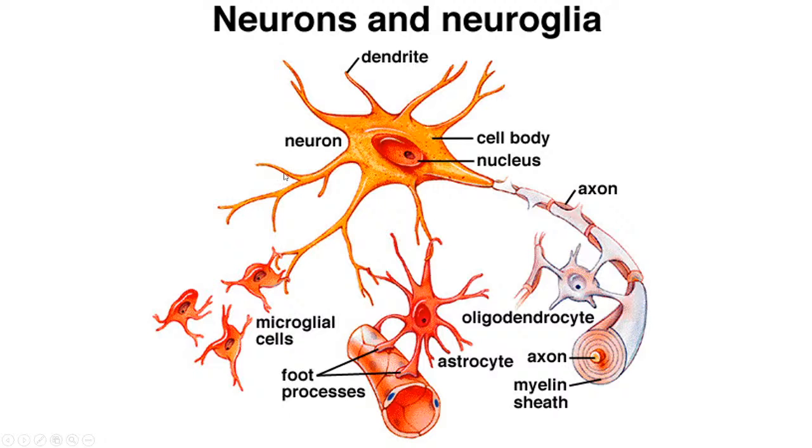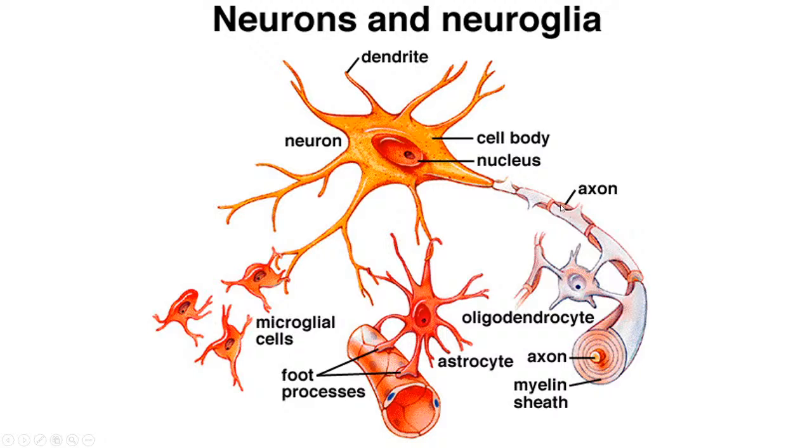So the neuron receives information at the dendrites. Now that information results in potentials that are going to initiate an action potential in this region known as the axon hillock. This region is the axon hillock, and this is where action potentials actually begin in the neuron.